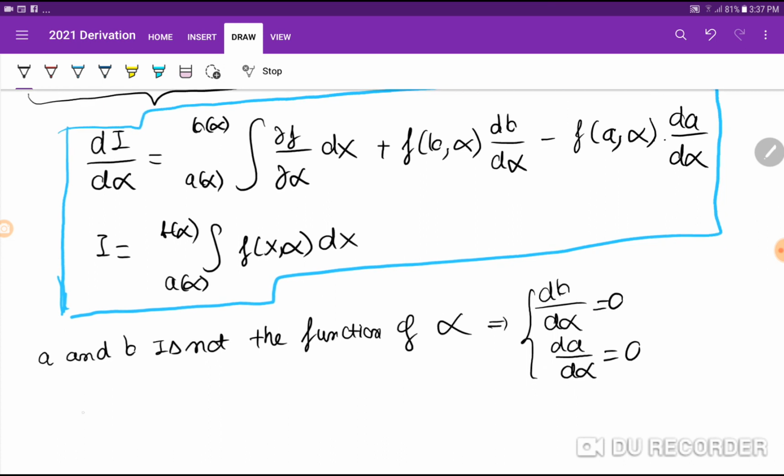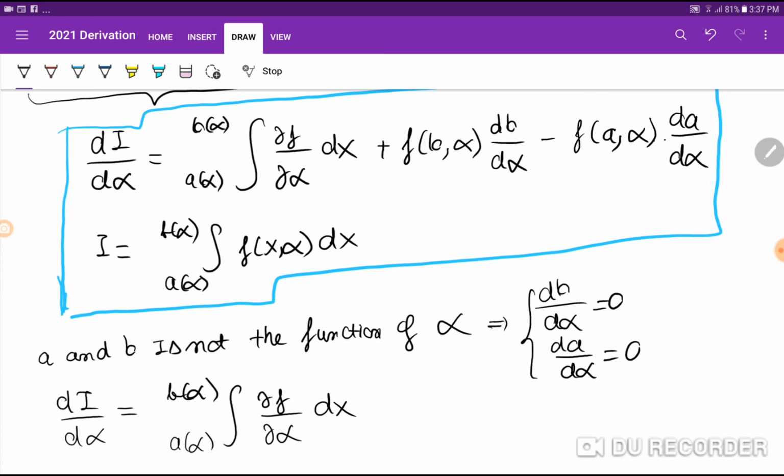So if that's the case, you have dI over d alpha equal to the integral from A to B of partial f over partial alpha dx.